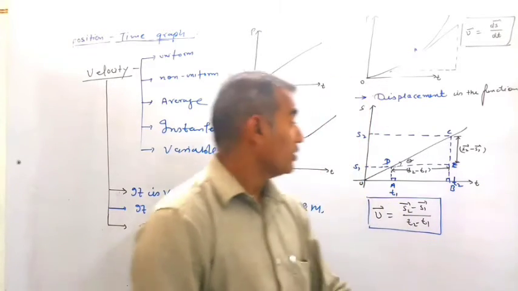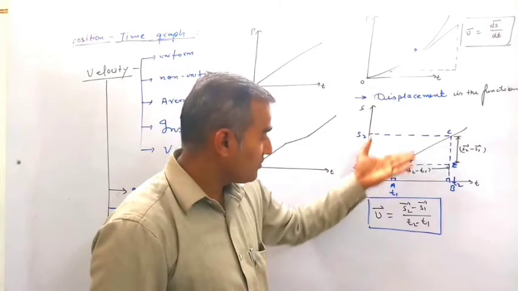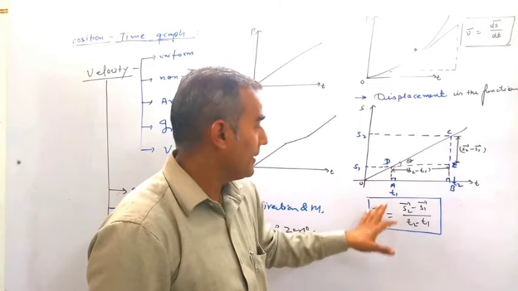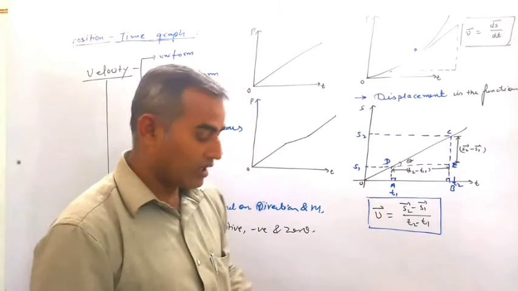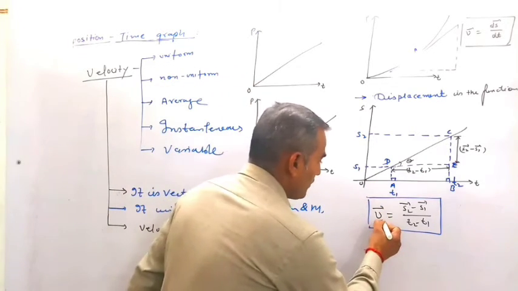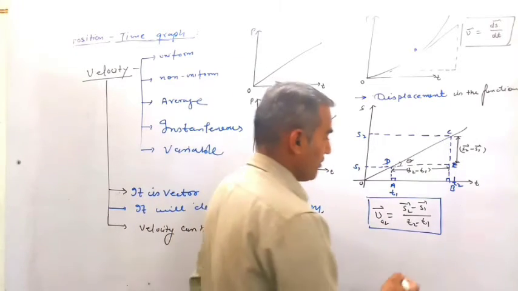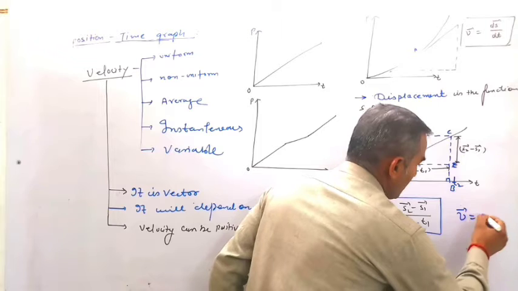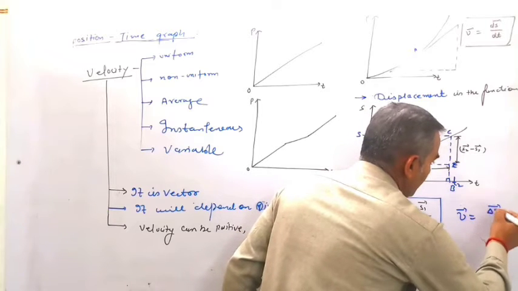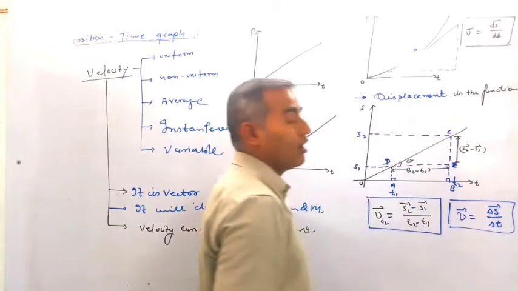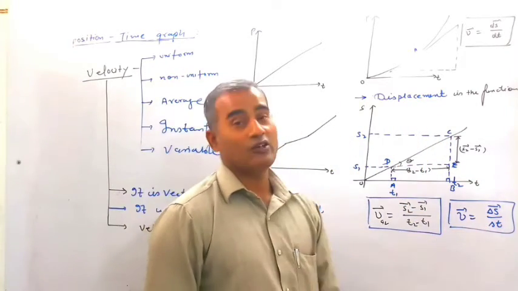So you can calculate the average velocity of the particle by this diagram, and this is the formula: v is equal to delta s by delta t. This formula shows the representation of average velocity.